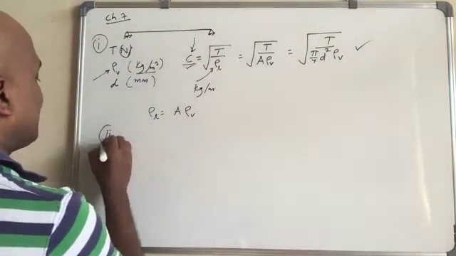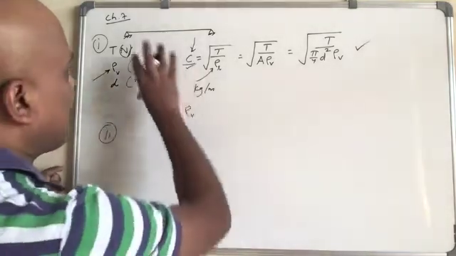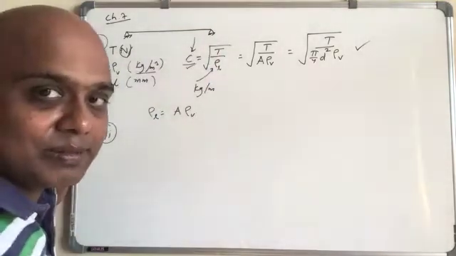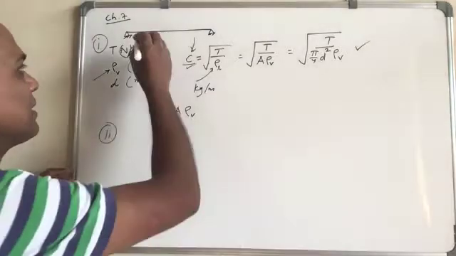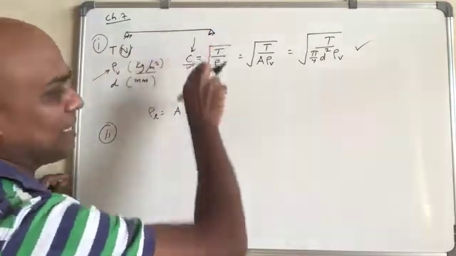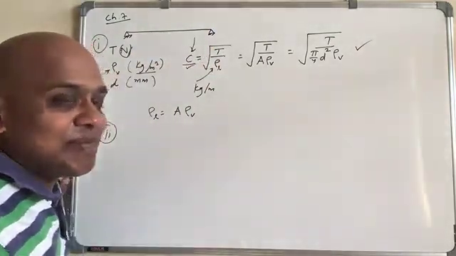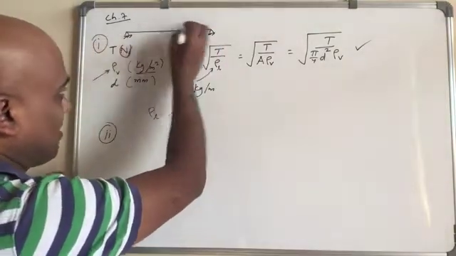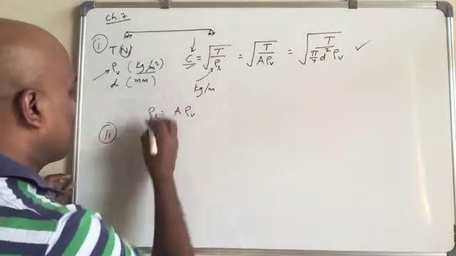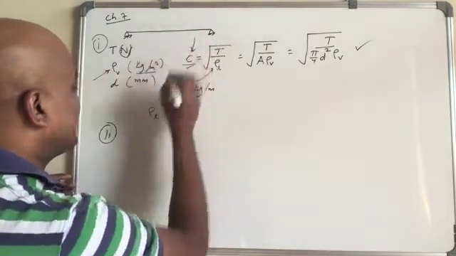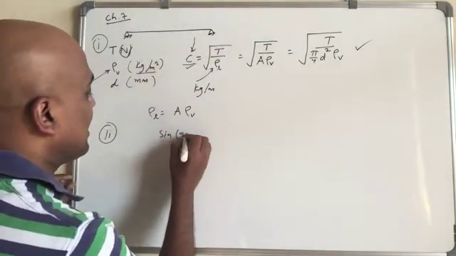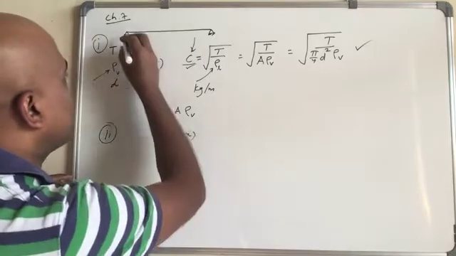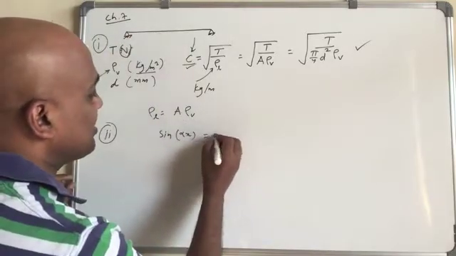The second part is to find the natural frequency. Again, if you see the last lecture video where I solved the tutorial problem, finally what you have is sine of alpha x, which satisfies the boundary condition, so it has to be 0.